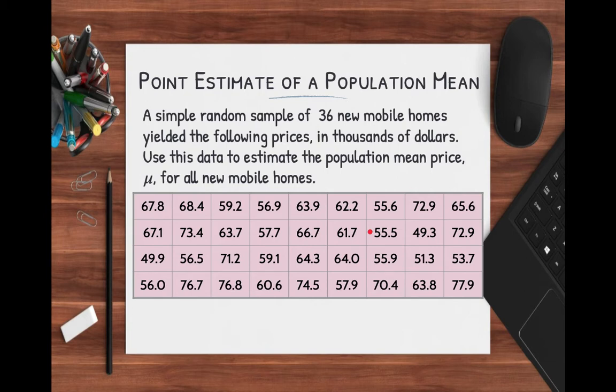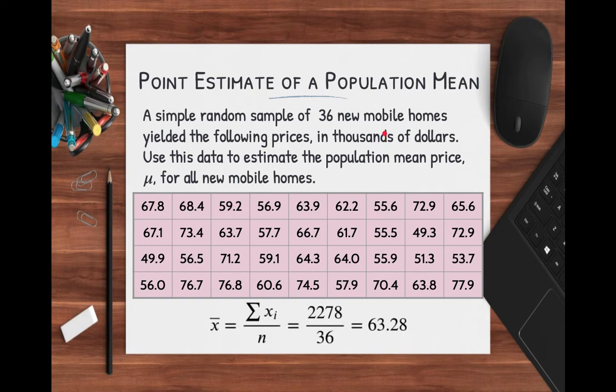So here's a set of data. We got 36 new mobile homes at these prices. These prices are all in thousands of dollars. We want to predict what is the mean price of a new mobile home. So we're looking again for that population mu. If I'm going to buy a mobile home, what do I expect to pay?